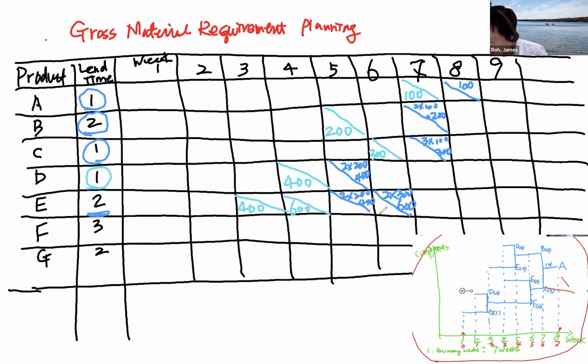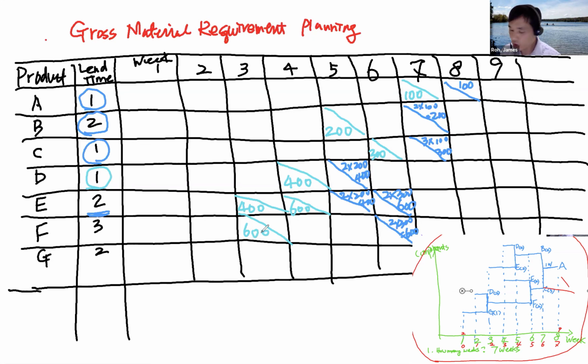So we go here, the same here, 2 units times 300, and that's 600. And then it takes 3 weeks. So 1, 2, 3, go there, and we need 600 over there.